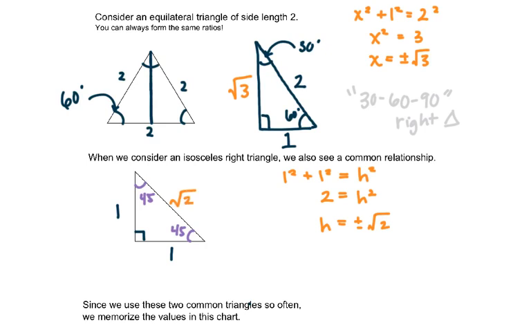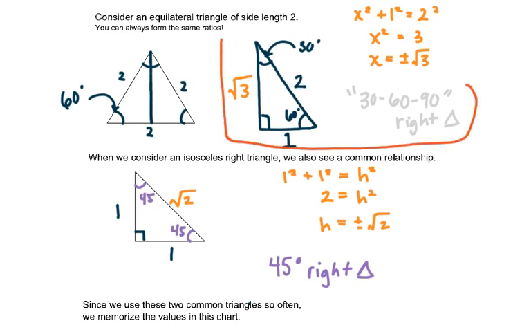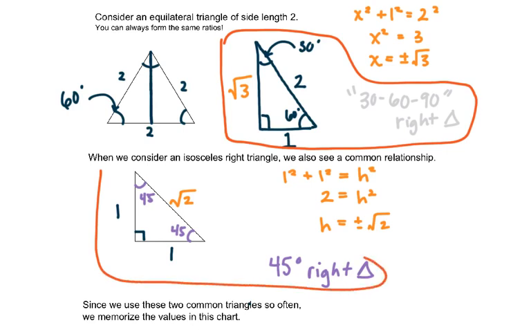So this triangle we have just drawn is my 45-degree right triangle. So two important triangles on this page, and they're always going to be drawn the same way. 30, 60, 90, and a 45-degree isosceles right.